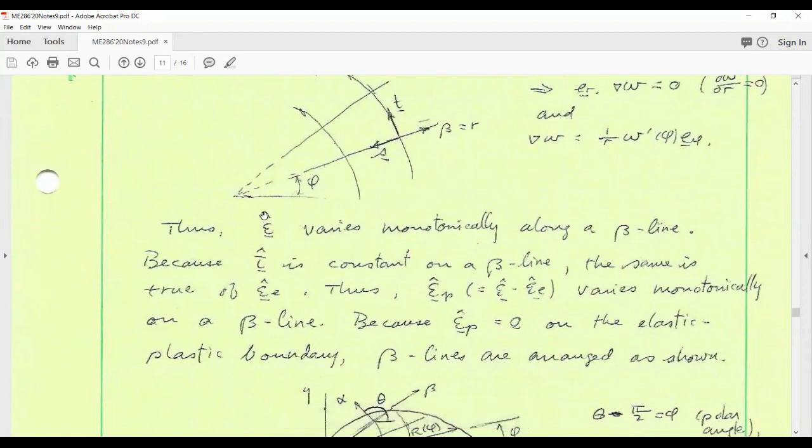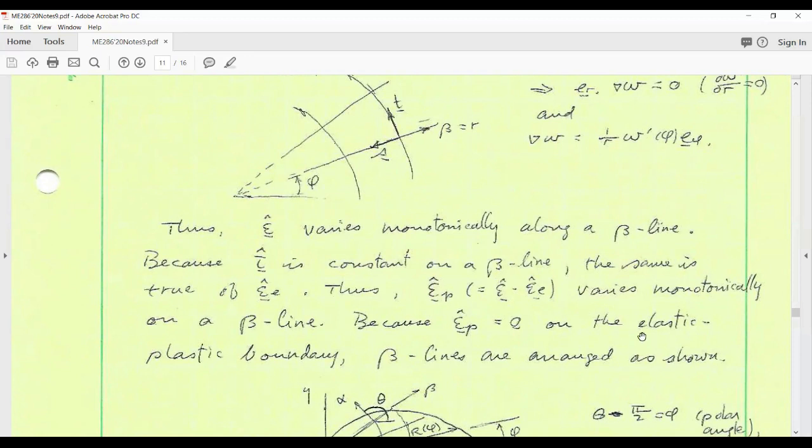But the total strain is monotonically changing along a beta line. So the plastic strain vector, which is simply the difference between the total strain vector and the elastic part, has to be varying monotonically on a beta line. Okay, it's monotonically decreasing.